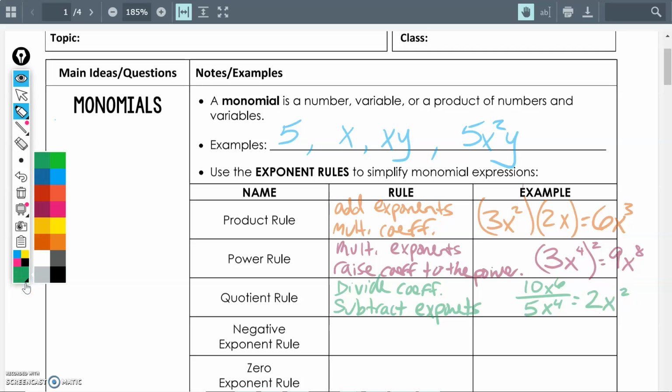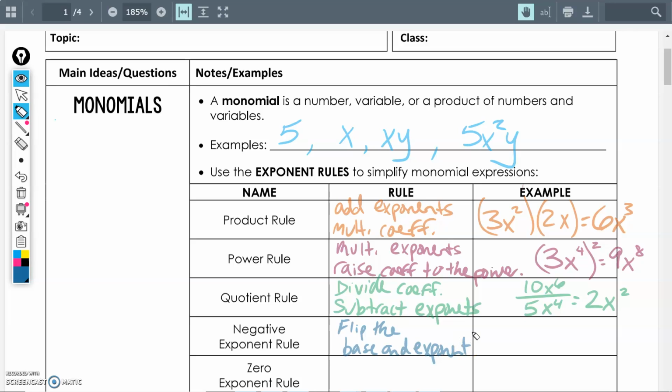Negative exponent rule. Negative exponents are when things get a little bit tricky. We're going to flip the base and exponent. A couple examples we can show is, let's say we had 2x to the negative 3 power.